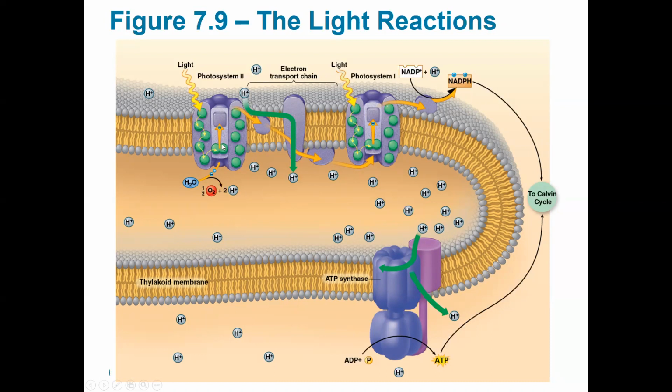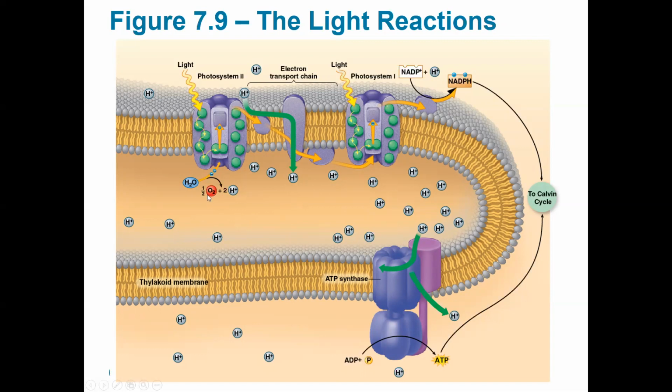So remember earlier I mentioned you should have been asking the question, how do you replace this electron? This is where you replace it with water. So in photosystem 2, this is where water molecules are split. Some of the electrons from the water molecule are used to replace the electron that was lost here in the photosystem.